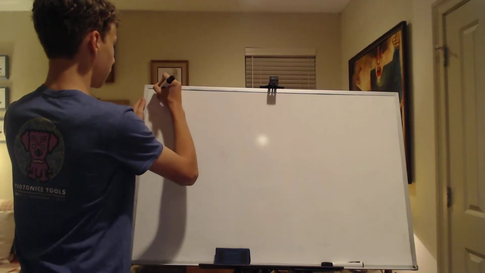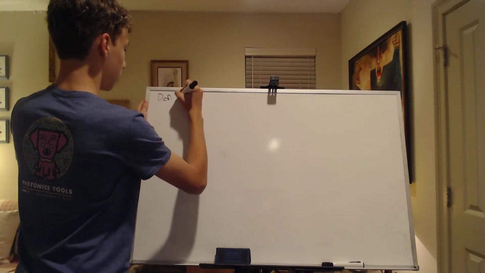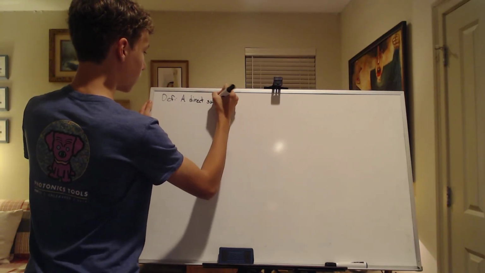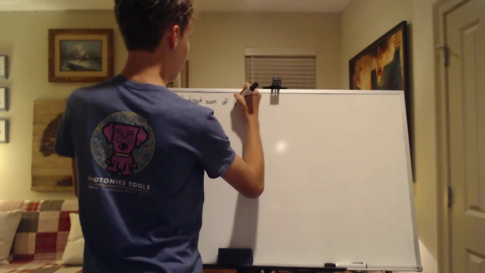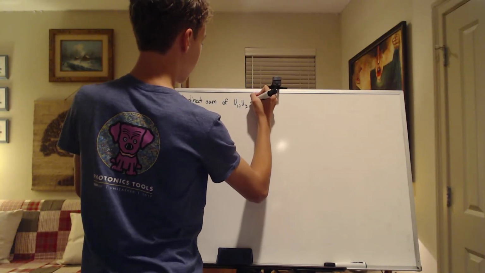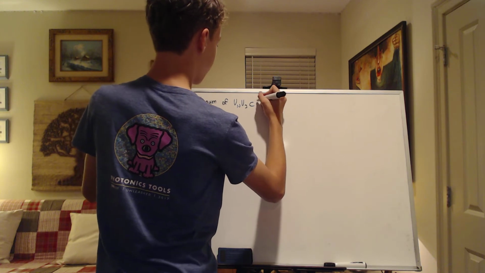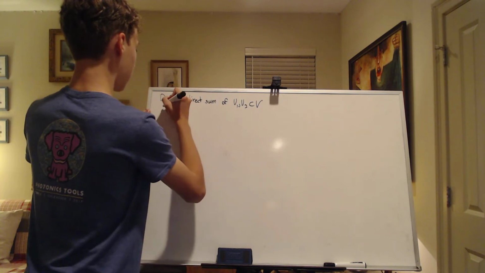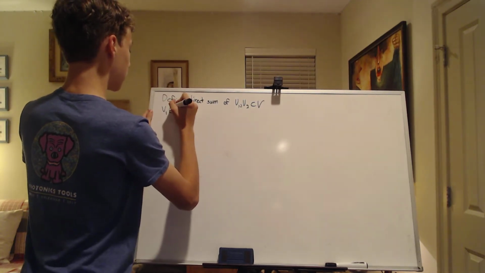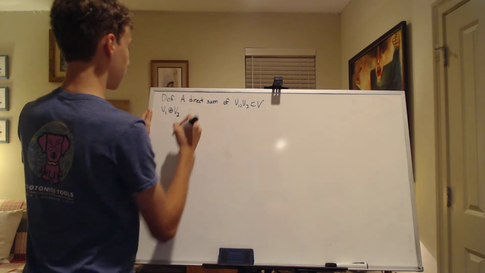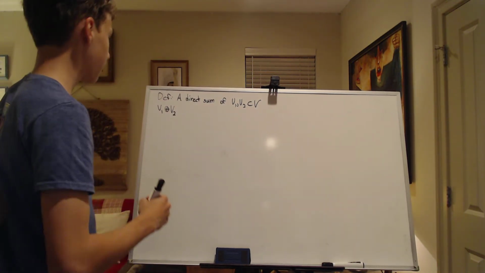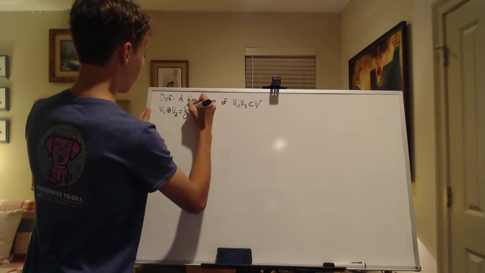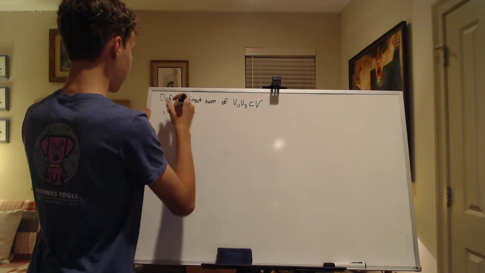So, definition: a direct sum of two subspaces U1, U2 in vector space V. We say that it looks like this, a plus sign with a circle around it, equals, well, those look like V's, I'm sorry.